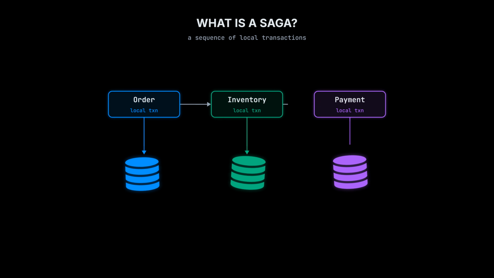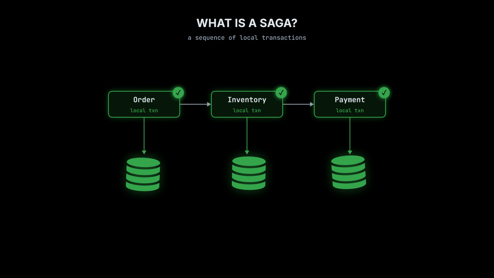So here's the core idea, and it's actually quite elegant once you see it. A Saga is a sequence of local transactions. Each service does its own small transaction, independently, in its own database, one after another, like links in a chain. If every step succeeds, the Saga completes. Beautiful, done.